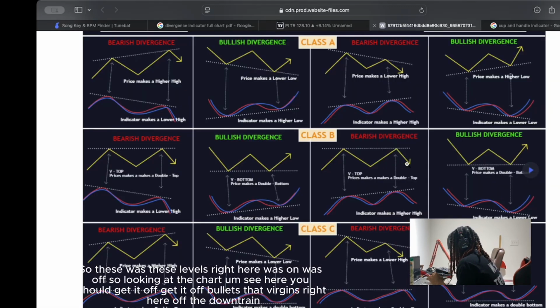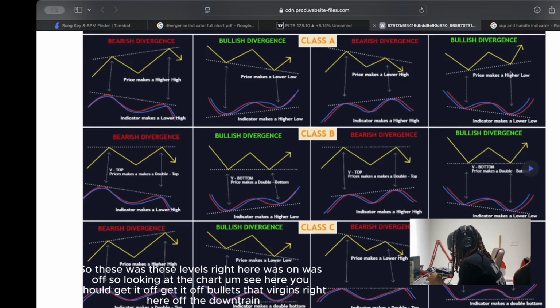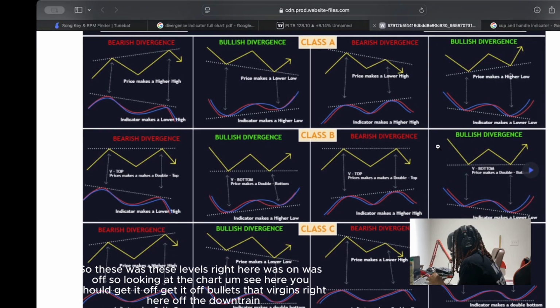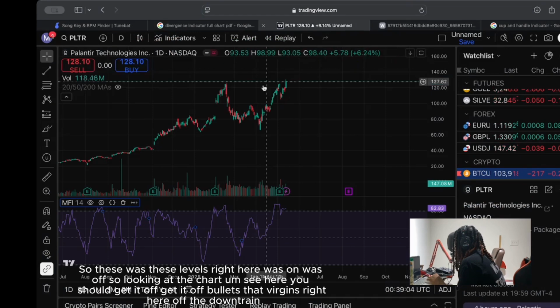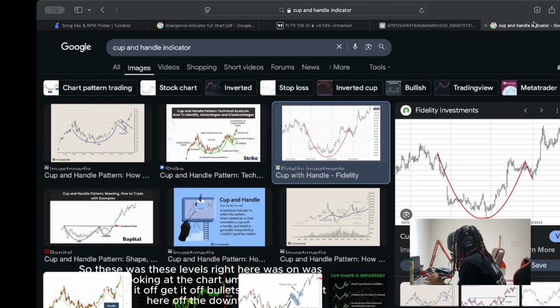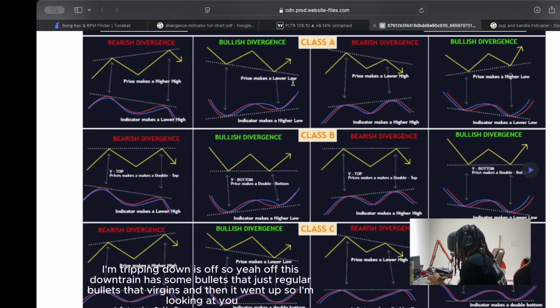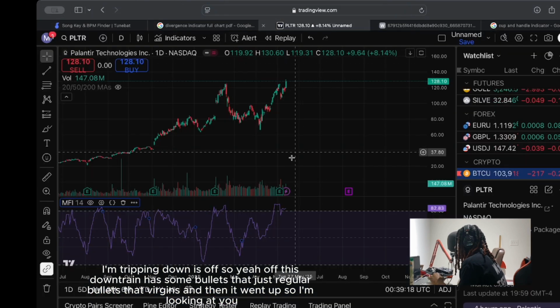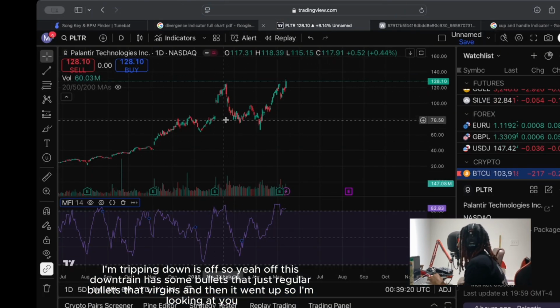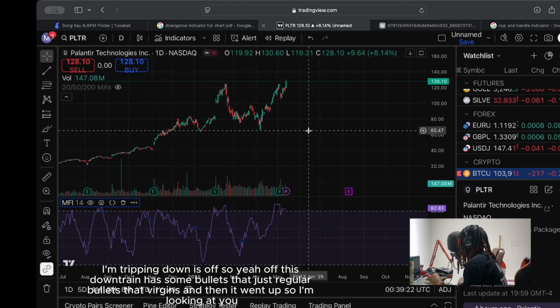Looking at the chart, bullish divergence right here off the downtrend. I'm tripping, down is off. So off this downtrend, it had some regular bullish divergence, and then it went up.